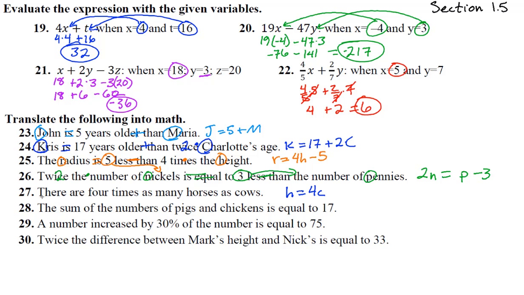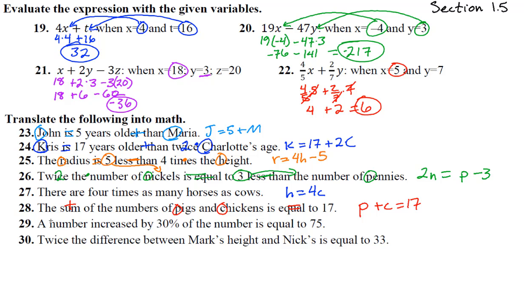Number 28. That's a hard one to see it directly translating. The sum, which is addition, of the number of pigs and chickens is equal to 17. So pigs and chickens, the sum of those is 17. And number 29.